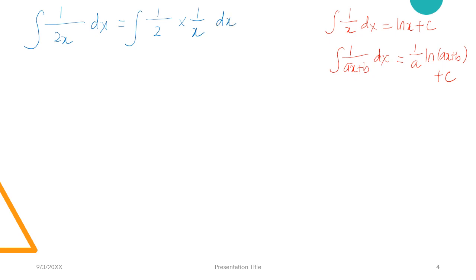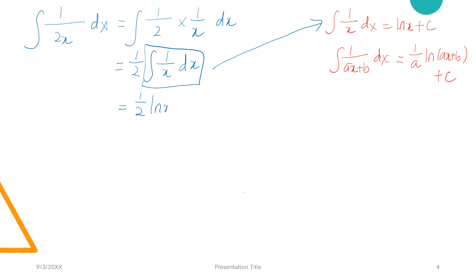Your half is actually a constant, so you can just move it out of the integral, and then for this one you can just apply the rule directly. That will give you half ln x plus a constant c. So this is relatively easy.